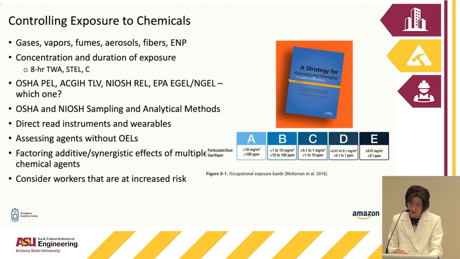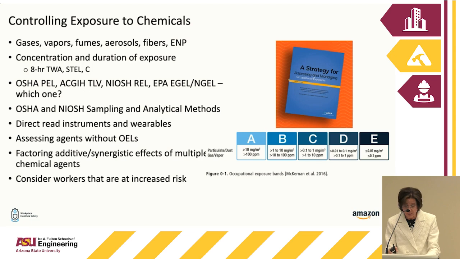So the current method for sampling and comparison with an occupational exposure limit is to collect samples over a work shift and then determine what that time-weighted average concentration is going to be. Some agents have short-term exposure limits or ceiling concentrations, as we talked about earlier, things with acute toxicity. Exposure variability, however, for certain agents can result in acute health effects. So how do we correlate this to the specific tasks? And that's the challenge for designing it out.